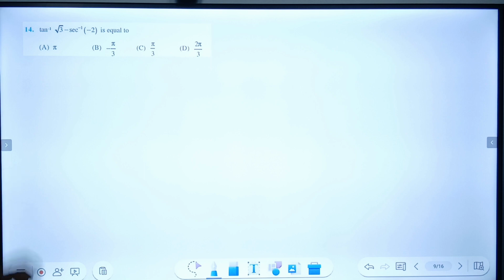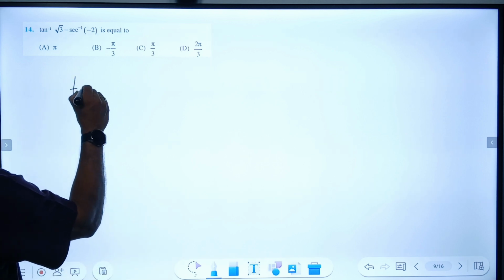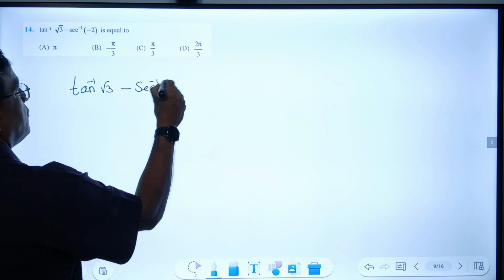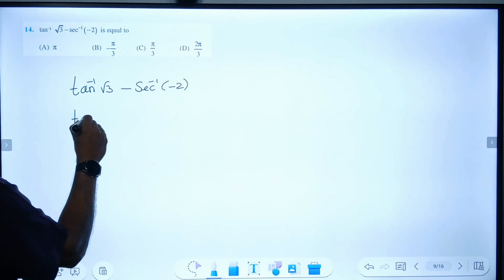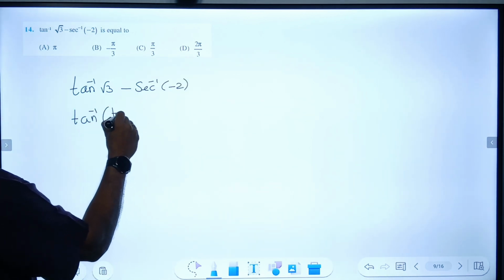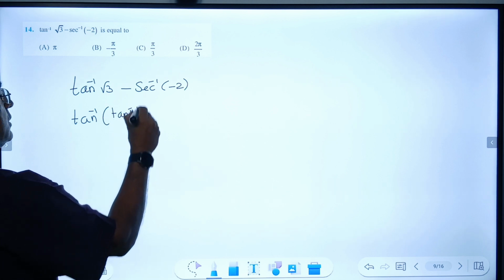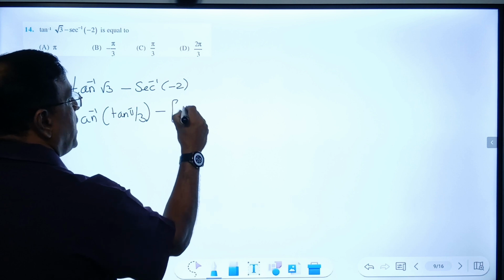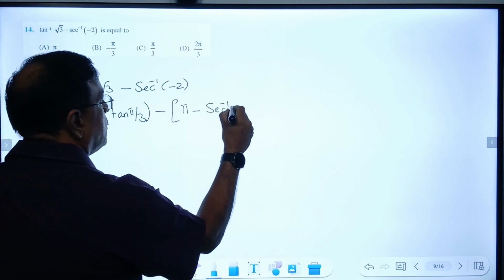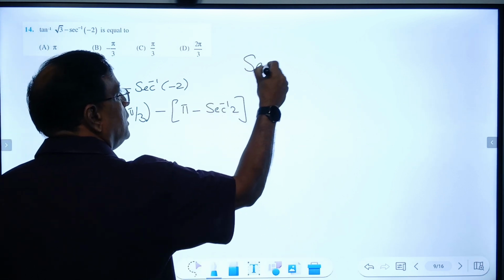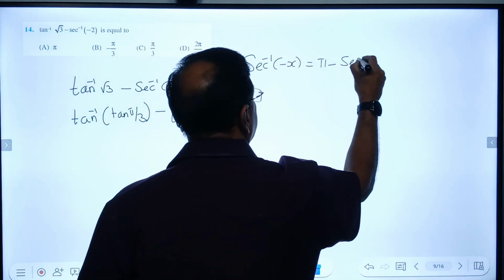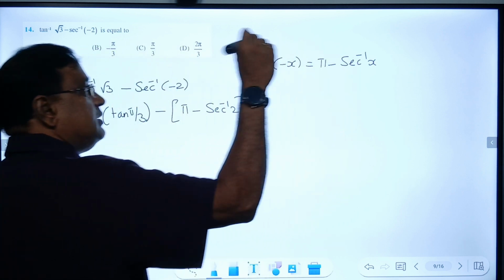This is also very simple. It is an NCERT question. Tan inverse of root 3 minus secant inverse of minus 2. What is root 3 in terms of tan? Tan pi by 3 is root 3. And secant inverse of minus x is pi minus secant inverse of x. Don't forget this.